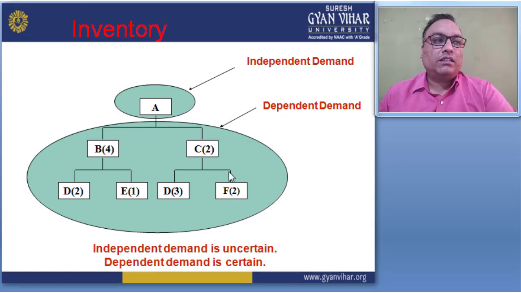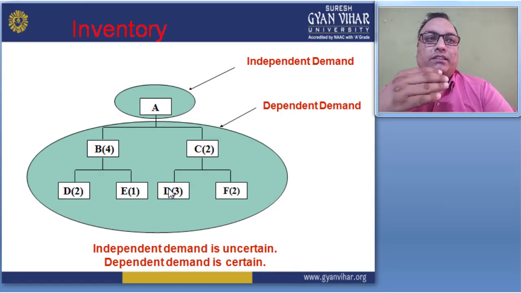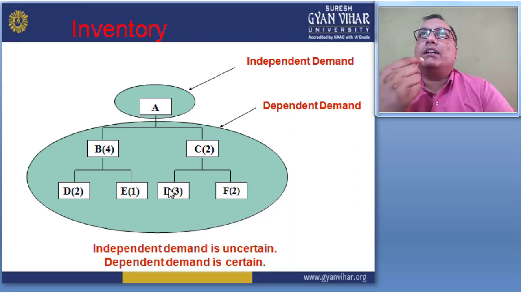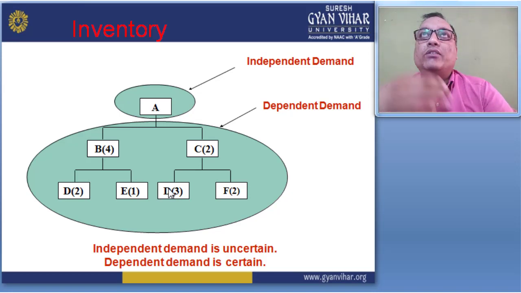But this dependent demand is based on different factors. Just like an example, suppose you make one screw. So this screw depends on the machine also, means whether the lathe machine is performing very well or not, or whether raw material is present in your warehouse.